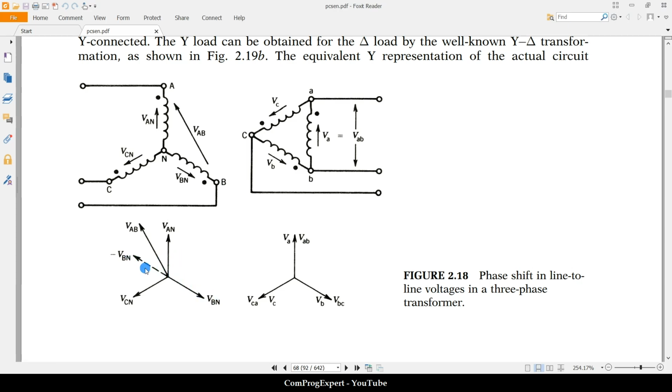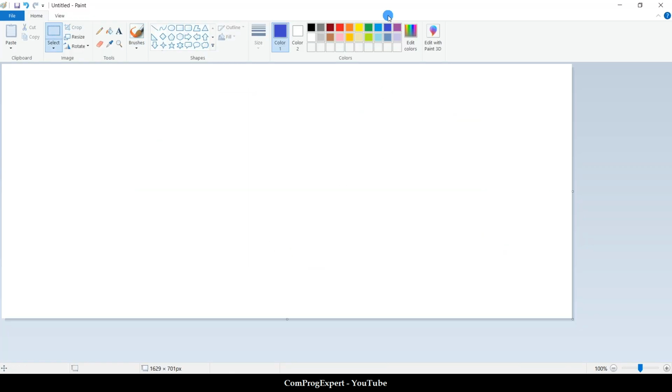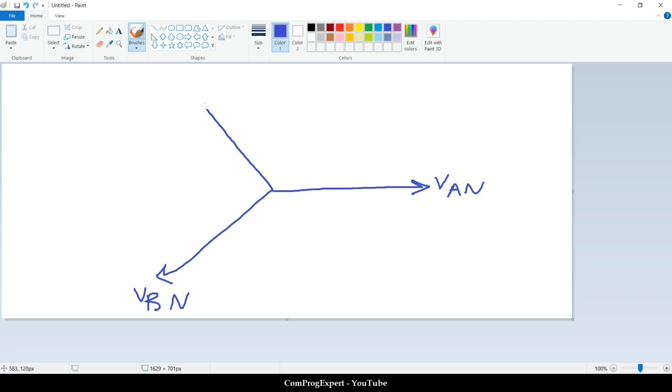If we sum up these two vectors, this is VAB. So how much, right, is the angle of VAB with respect to VAN? It is 30 degrees. Okay. So here, you know that if we have these three-phase voltages, this is VAN, VBN, and VCN.